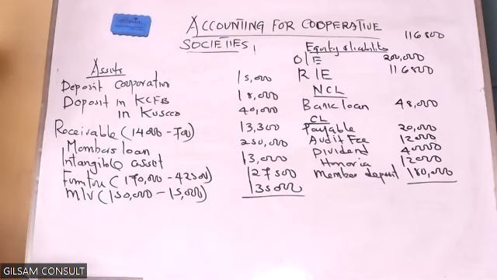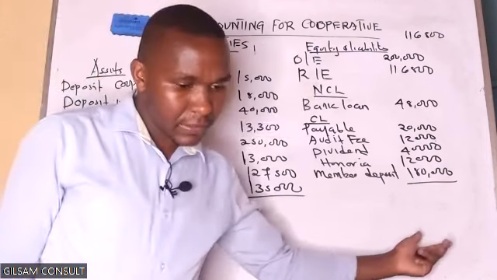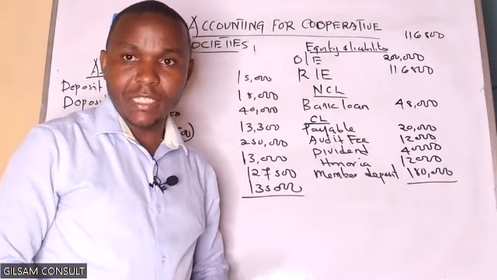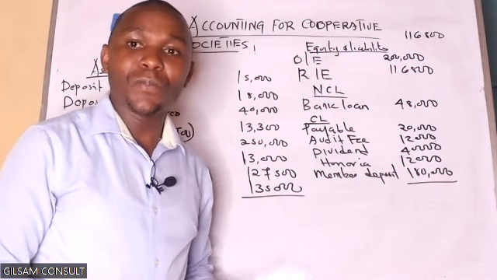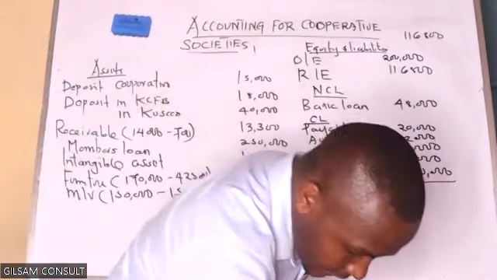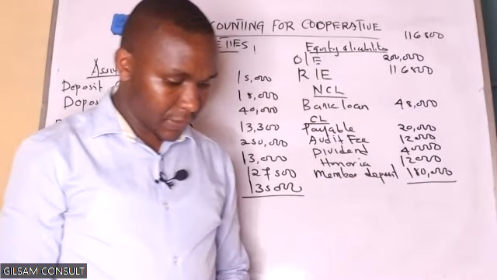So you can balance that one now. Balancing off is not a challenge. You add the total asset, get the total equity and liability, and compare with total asset. If it's not balancing, then check if there's any misstatement which you have left.